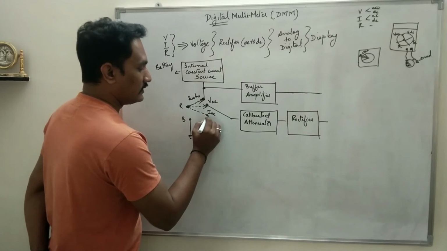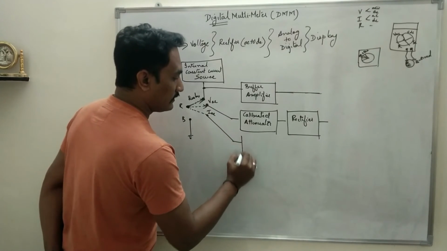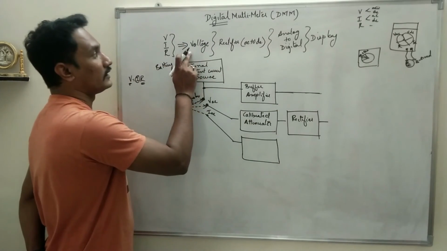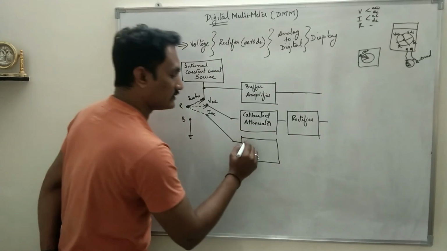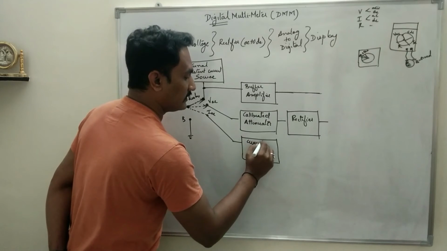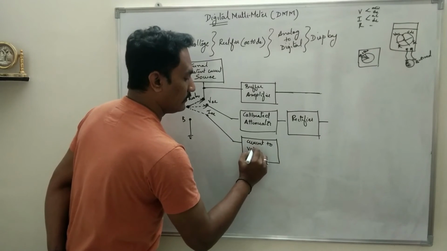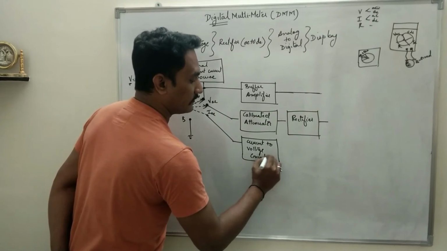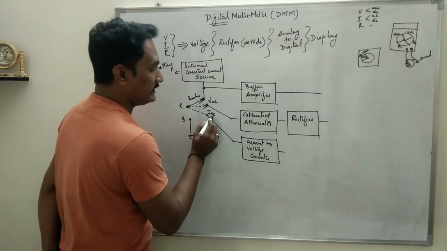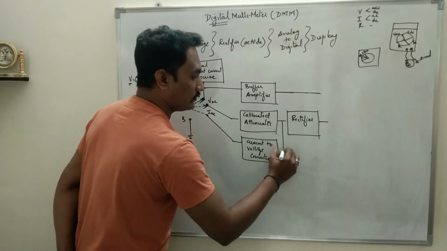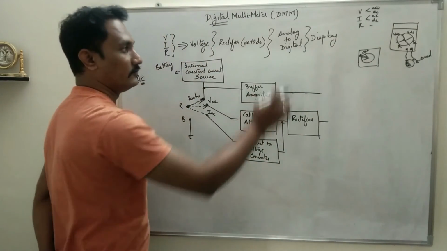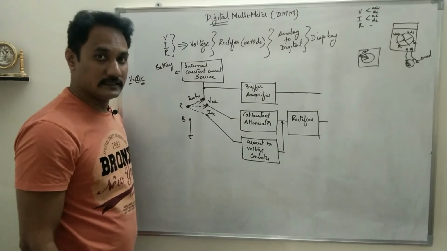Next is IAC. Okay, so IAC, it is current. What you have to do is convert everything into voltage. So the first thing is a current to voltage converter. As it is AC, you give it to the rectifier so that AC is converted into DC, and then it will be available for the analog to digital converter.